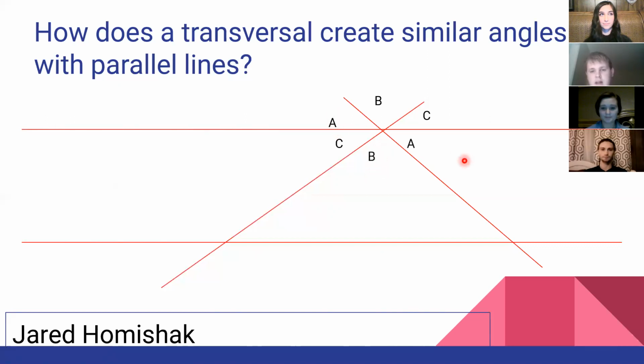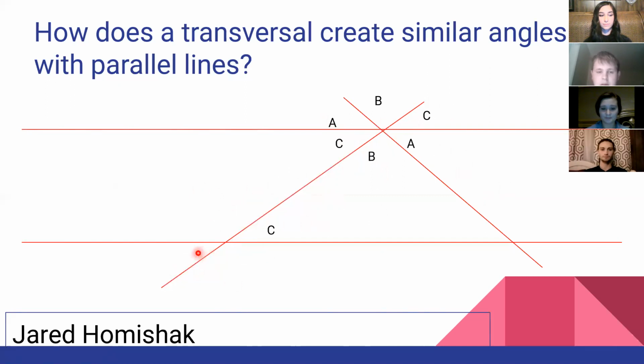And likewise with A. Now, we can apply this to the other two line intersections that we have here. For example, see how C and angle C are adjacent to each other up here? This transversal actually has the same angle when it intersects both parallel lines.